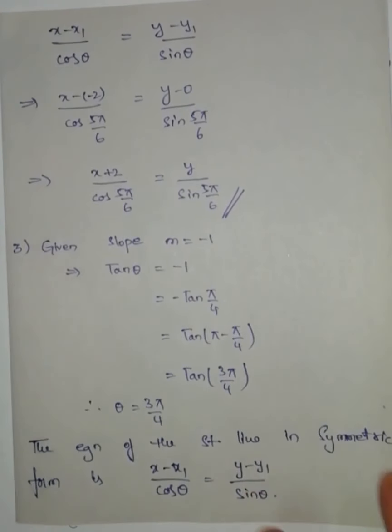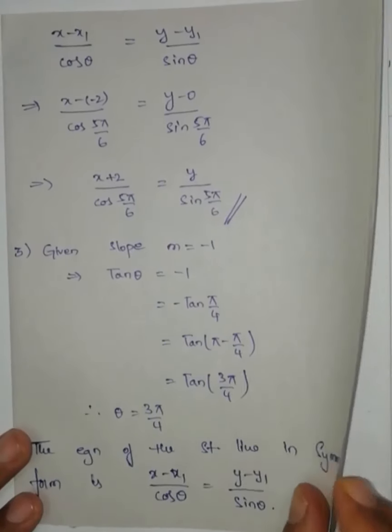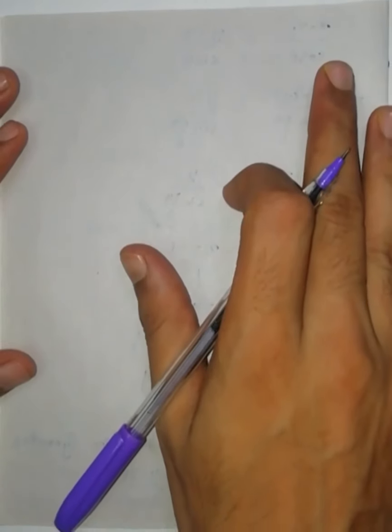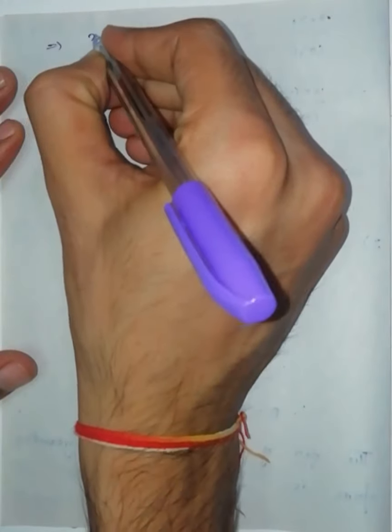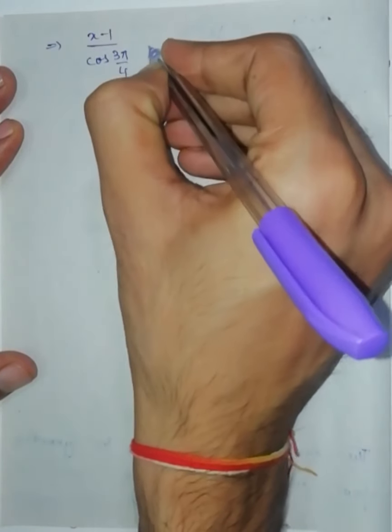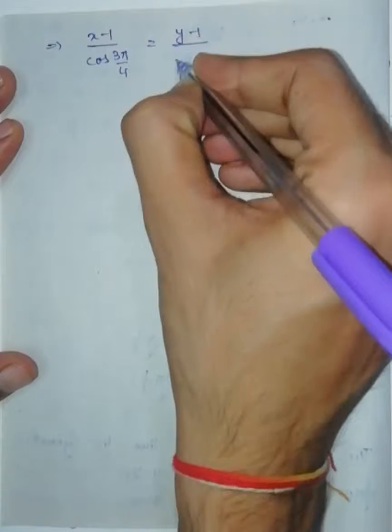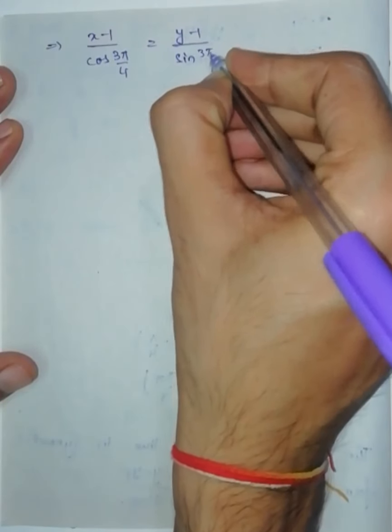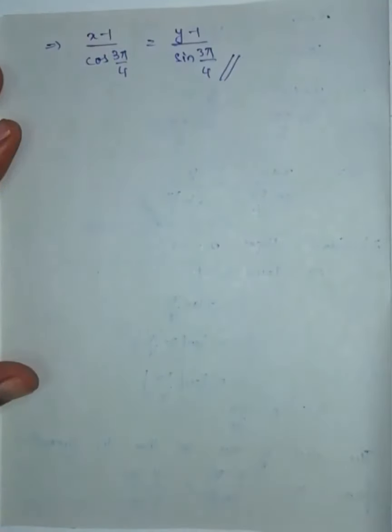Now substitute x1, y1 value and theta value. We will get that (x minus 1)/cos 3 pi by 4, which is equal to (y minus 1)/sin 3 pi by 4. This is the required answer.